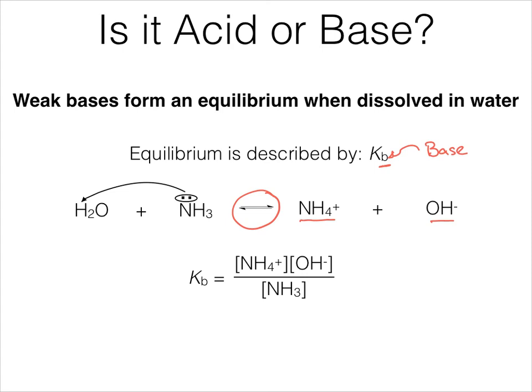And so the Kb is described by the products divided by the reactants, in the same format that we've seen with Ks before.